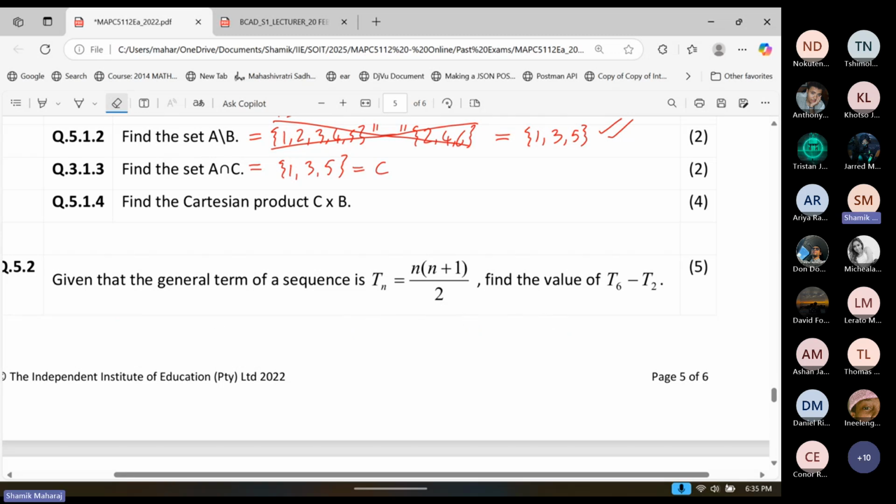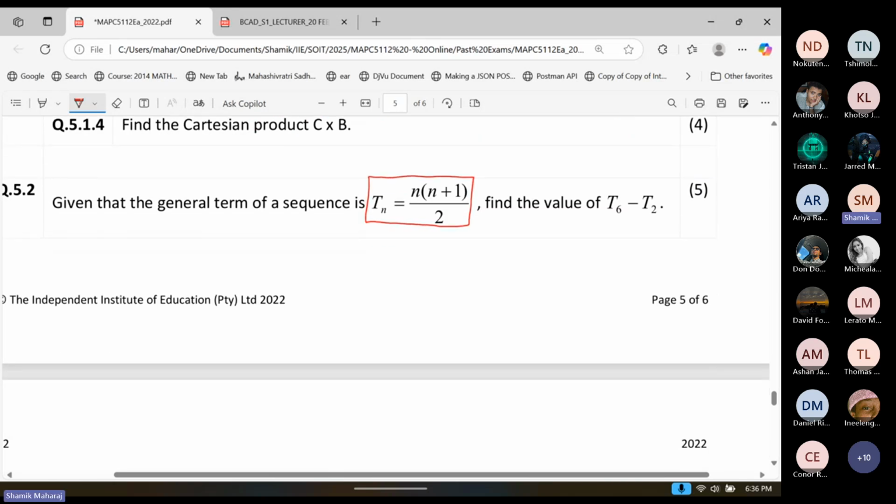So imagine this being too difficult. They've given us a closed formula here, Tn, and they want us to find T6 minus T2. This is not really so bad. We just need to plug n into this to get T6 and then plug n in to get T2. Let's do them one at a time.